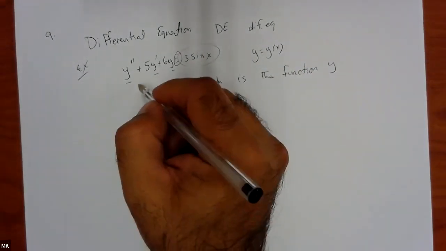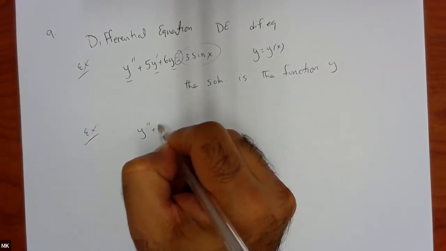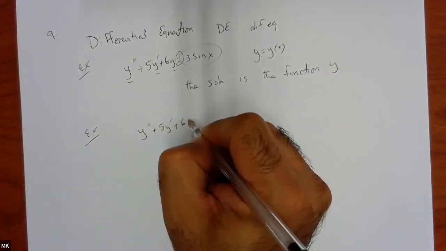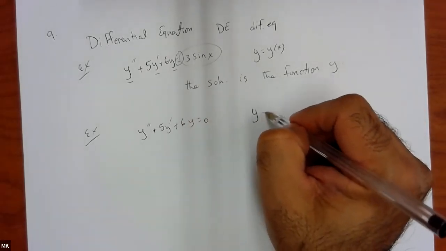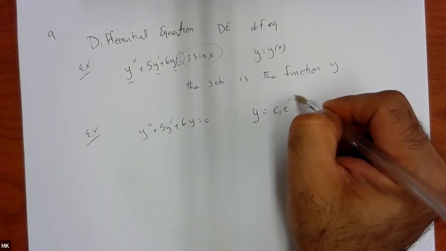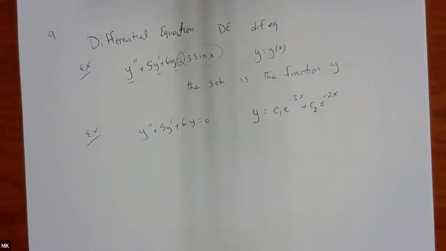So for example, let me show you y double prime plus 5y prime plus 6y equal to 0. Then y equals c1 e to the negative 3x plus c2 e to the negative 2x is a solution to this differential equation.